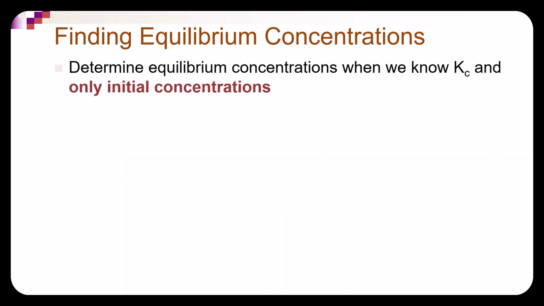And then lastly, we've got determine equilibrium concentrations when we know K and only initial. What are we looking for here? They're going to mention initial. Automatically we write I, C, E. As soon as you see the word initial or start with or whatever, put the ICE table down.